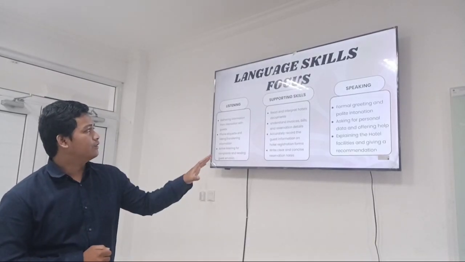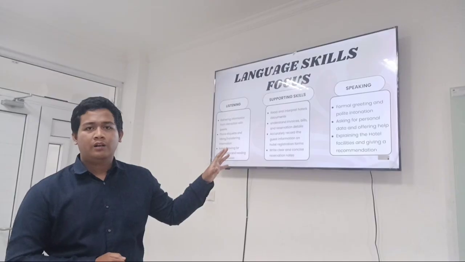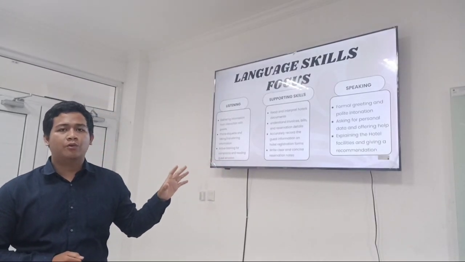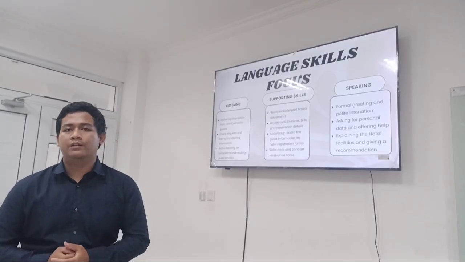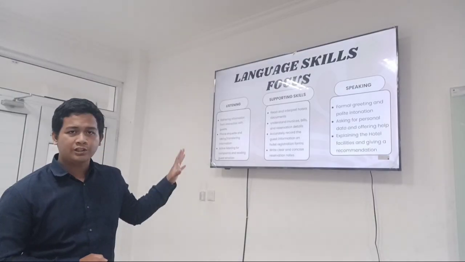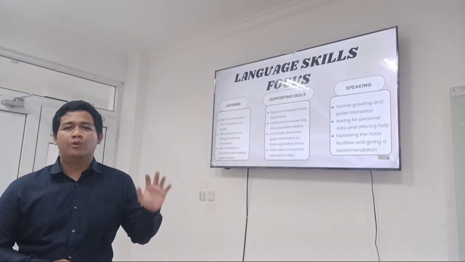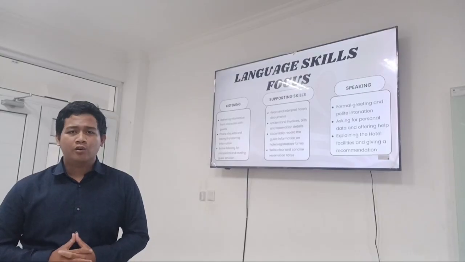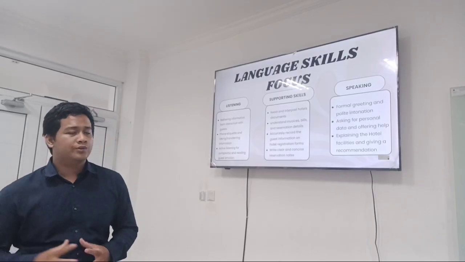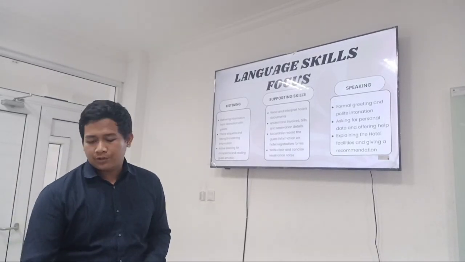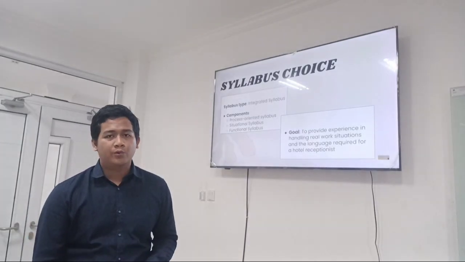On the other hand, the speaking skill enables the learner to greet guests formally, give recommendations, and resolve their problems professionally. For the supporting skills, reading and writing support work tasks such as scanning documents, answering invoices, and writing reservation notes.